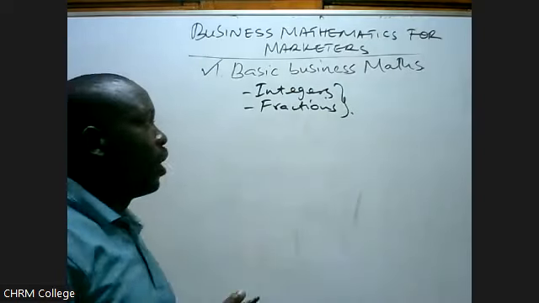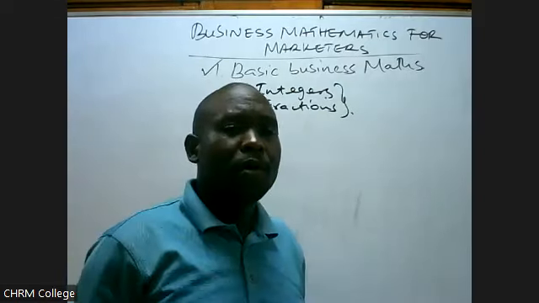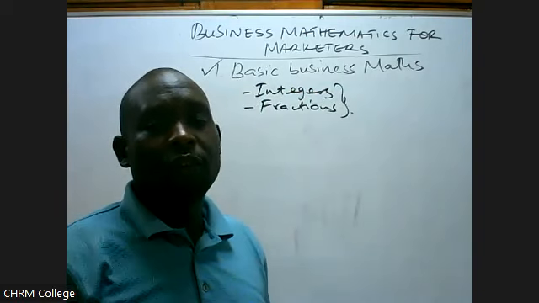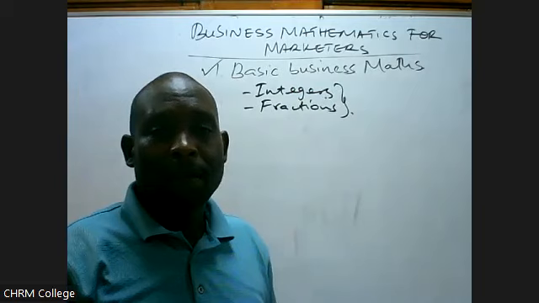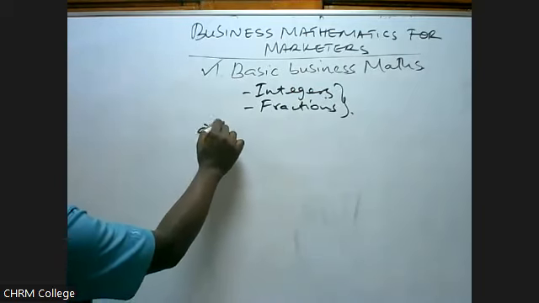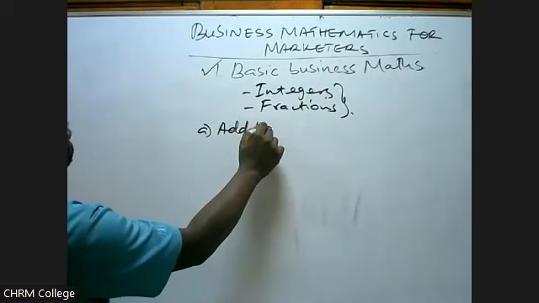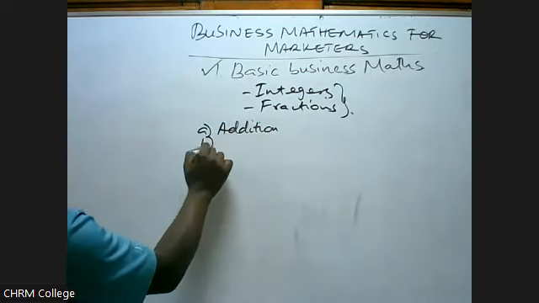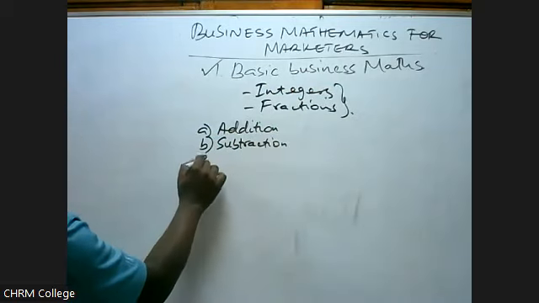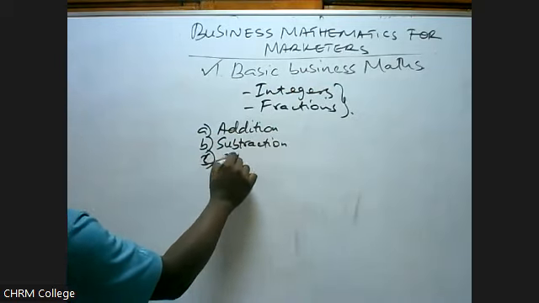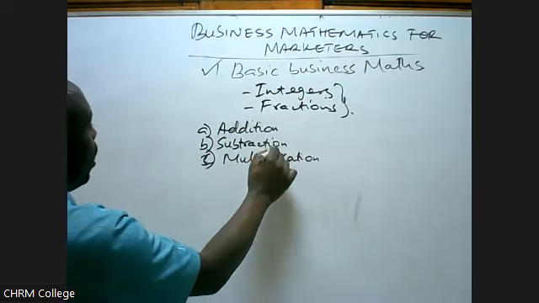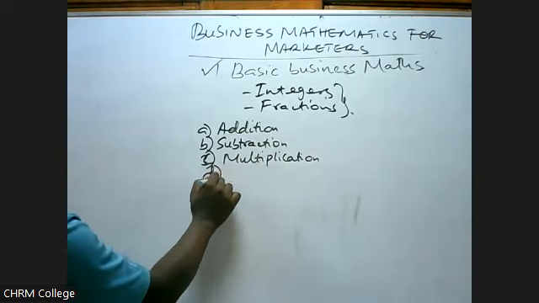But before that, we need to understand that when we talk about mathematics, we have 4 basic operations that are normally used. The 4 basic operations are A, addition, B, subtraction, C, multiplication, and lastly D, division.